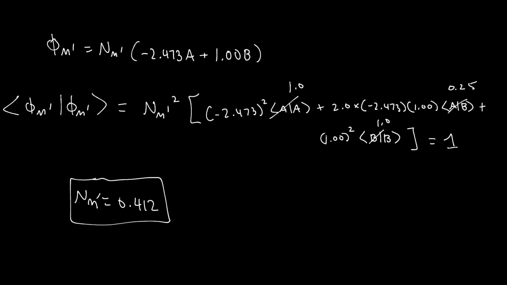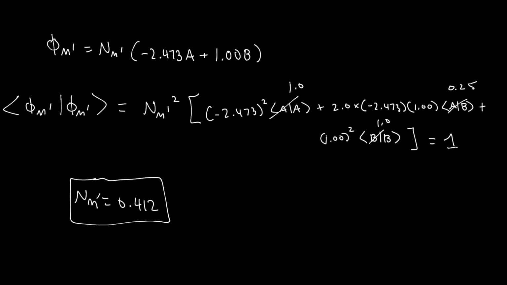Similarly, we can do the same procedure for phi m prime, where we do the inner product of phi m prime with itself, which equals nm prime squared times negative 2.473 squared <a|a> plus 2 times negative 2.473 times 1.00 times 0.25 plus 1.00 squared <b|b>.